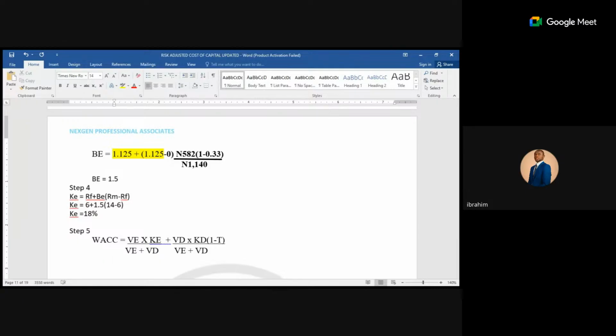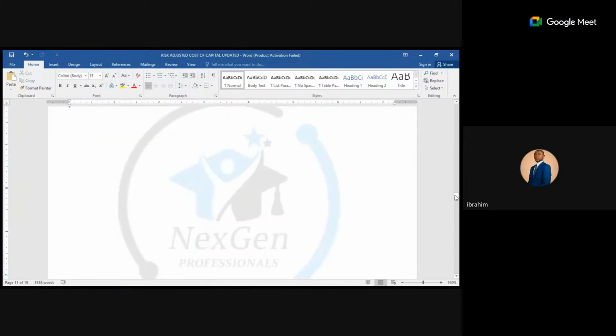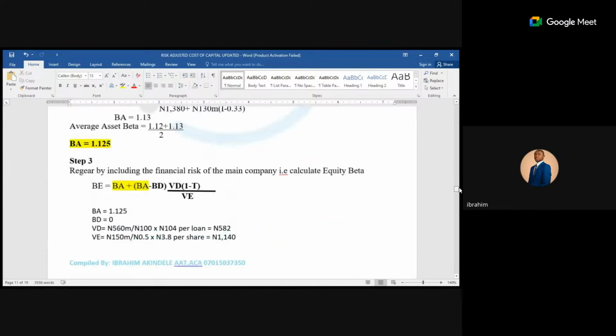Now, the value of equity. We've calculated the value of equity already of the main company, right? Can you see them? We've calculated it here already.